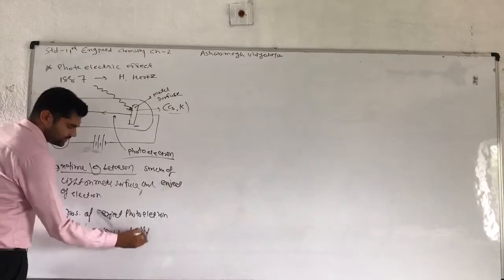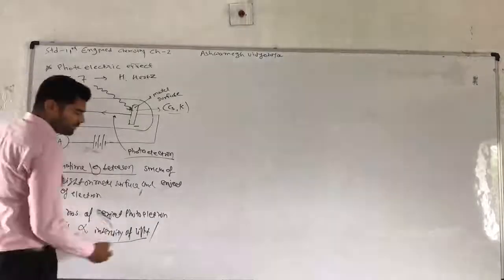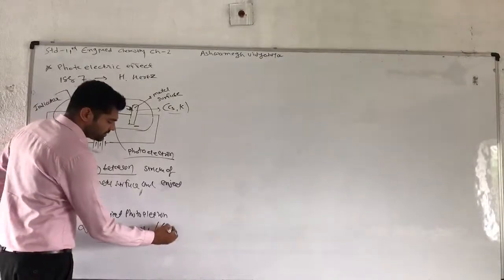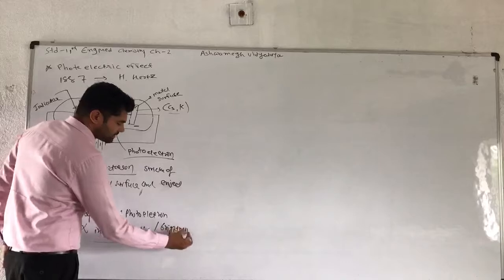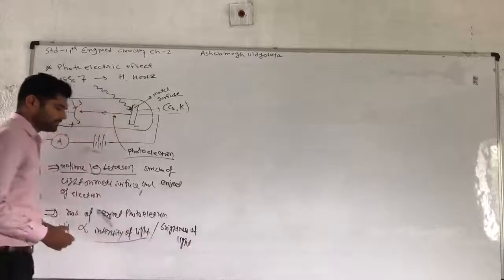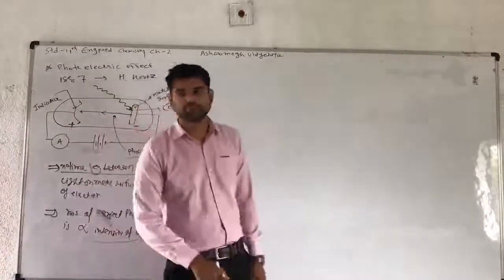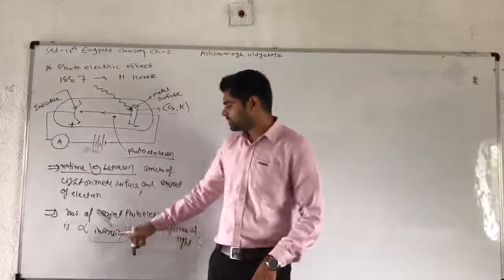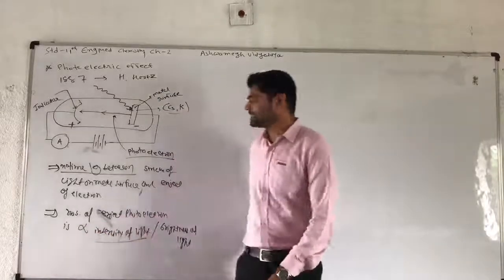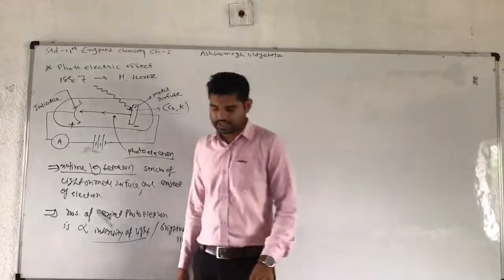Intensity of light can also be said to be the brightness of light. So the number of ejected photoelectrons is directly proportional to the intensity of light, or in other words, the brightness of light.